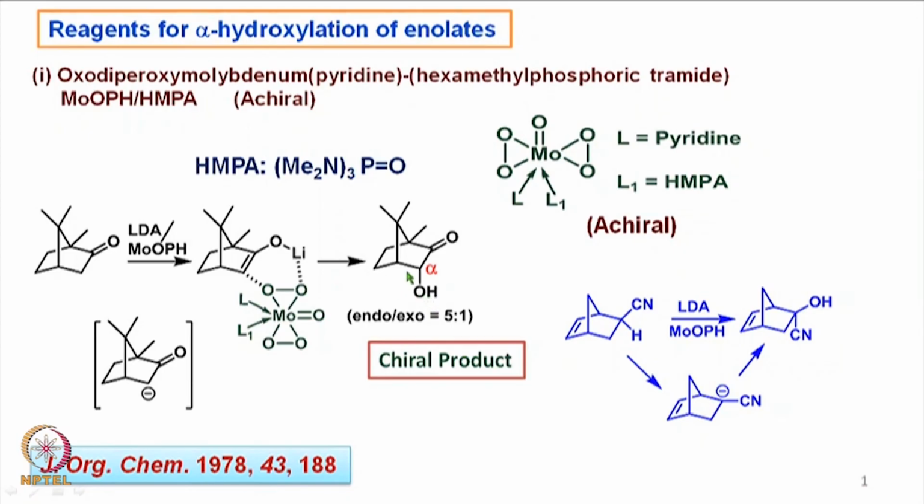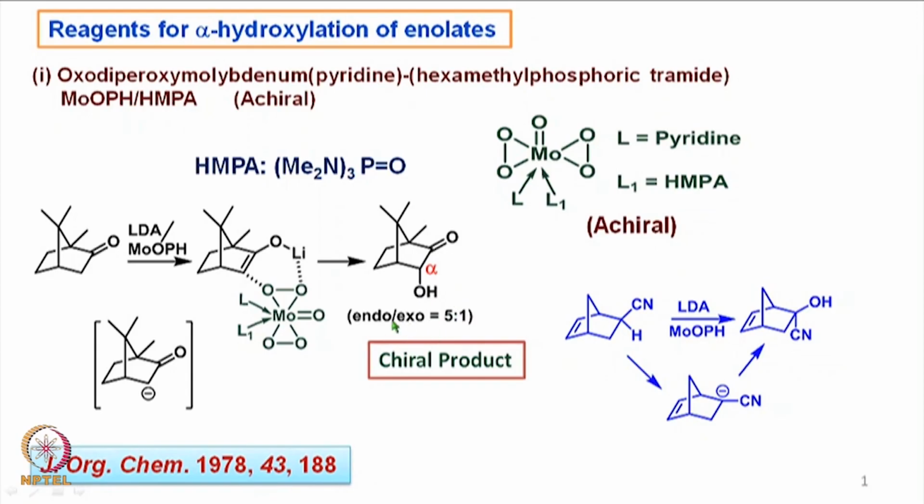Since the beta side, that is the upper side or the exo side of the molecule, is sterically hindered because of these methyl groups, we get a mixture of two alpha hydroxy ketones in which the compound having the endo hydroxy group is the major product.